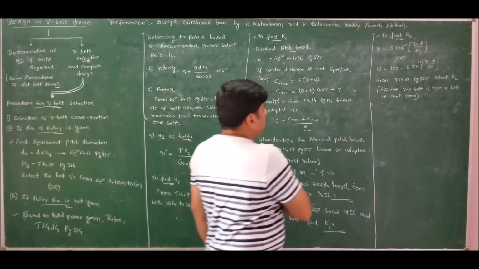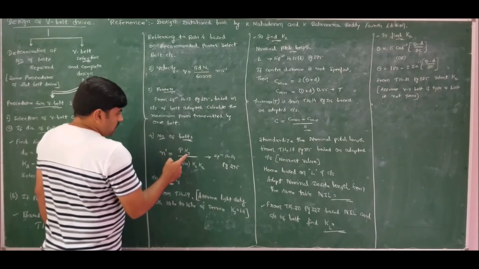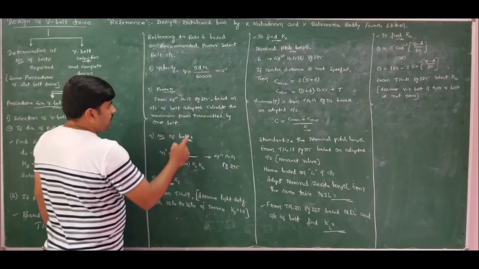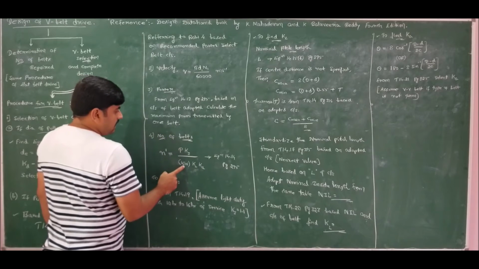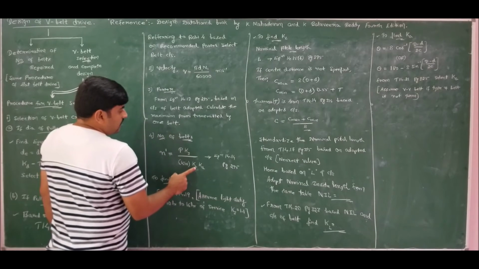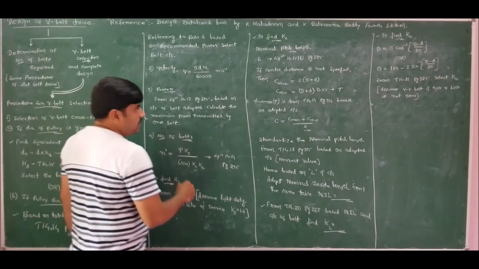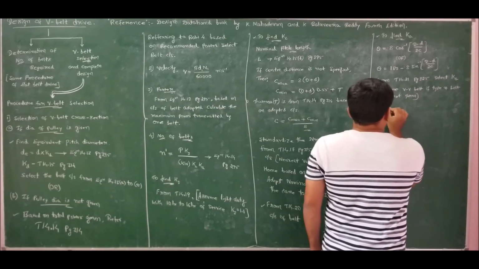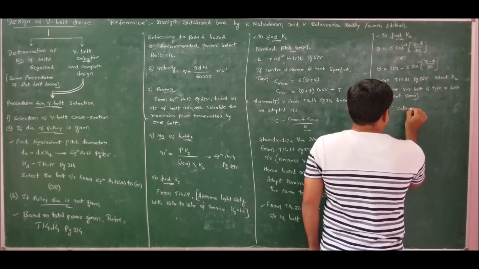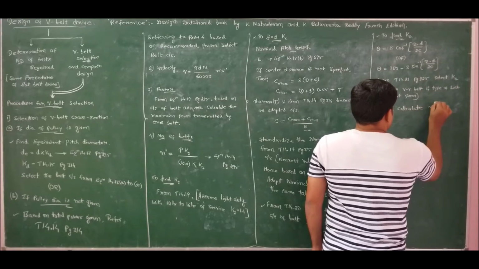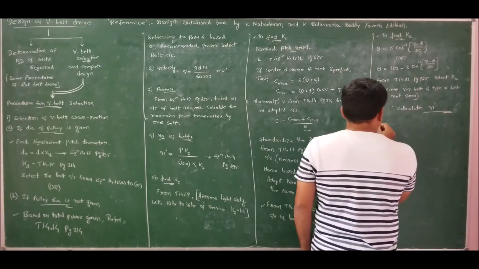So you know all the values: the total power that has to be transmitted, correction factor based on service, the maximum power that can be transmitted by one belt in kilowatts, correction factor based on length, and correction factor based on angle. Hence you can calculate the number of belts required. So this completes step number 4.